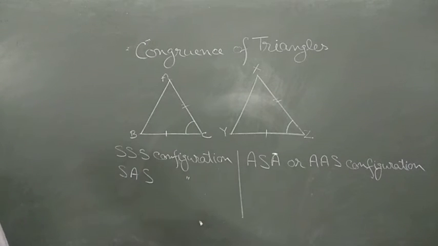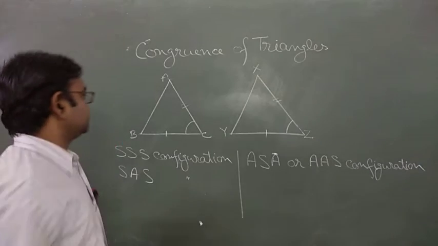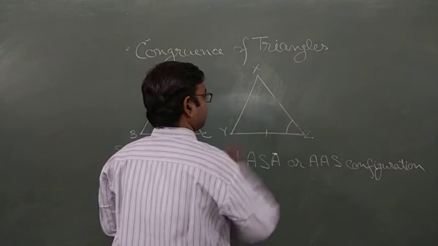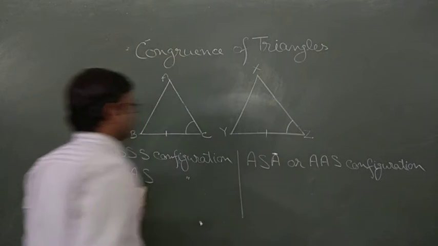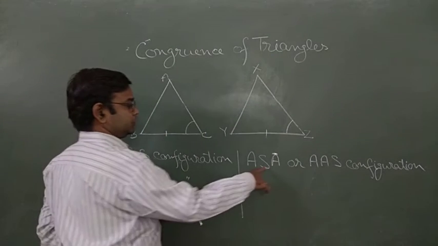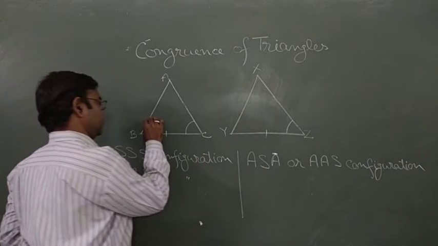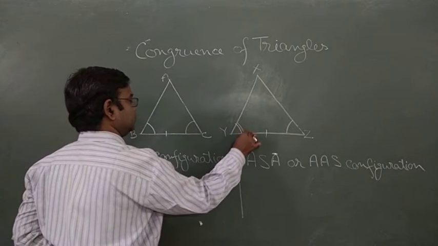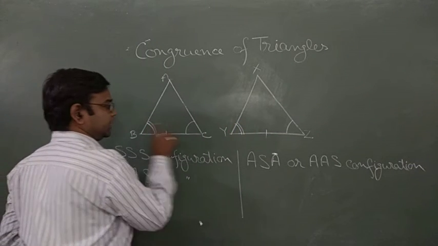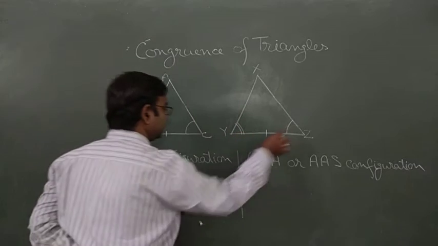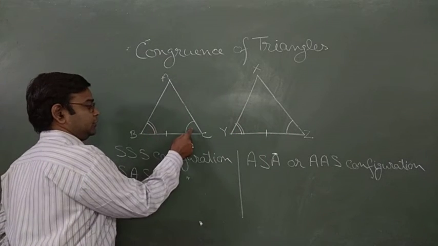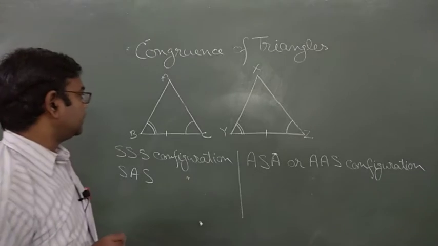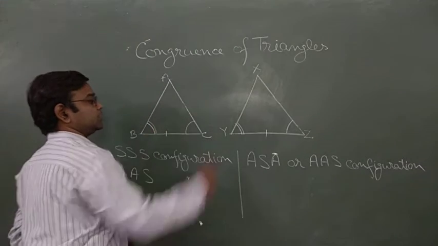It indicates that angle, side, angle means two angles are equal, this angle equals this one, this angle equals this one, and the side included or common between these angles is equal, then we can say that these two triangles are congruent.